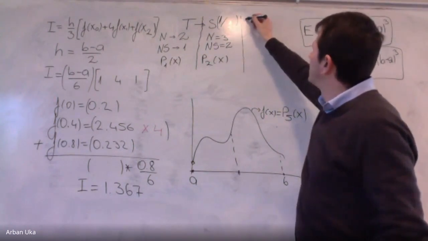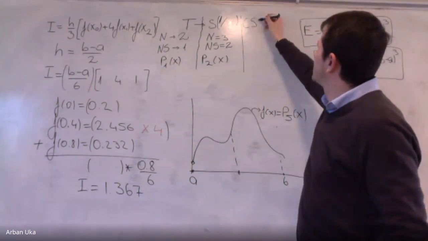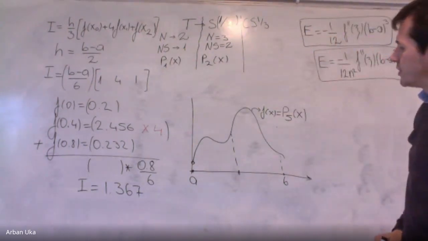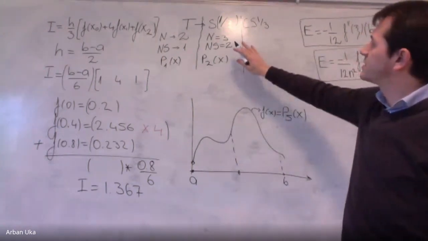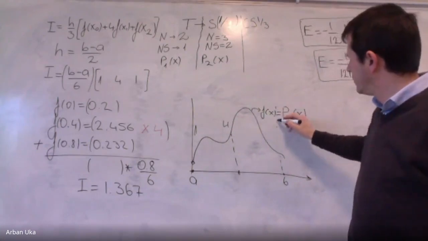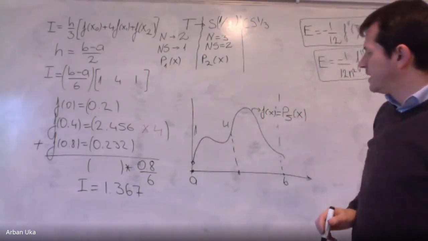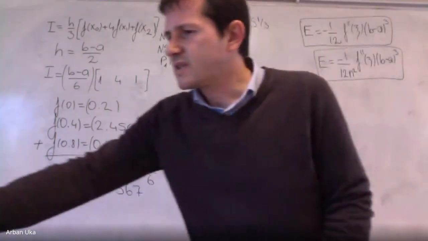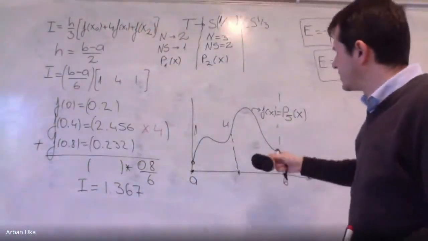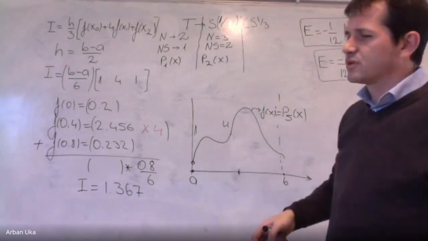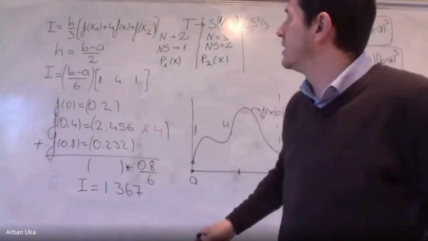We call this one composite S 1/3. Now, with this composite Simpson's 1/3, let's remember, when we had the Simpson 1/3, we had the coefficients 1, 4, 1, right? Now, what we can do is separate this interval a little further, okay? So what is very essential here is the following.